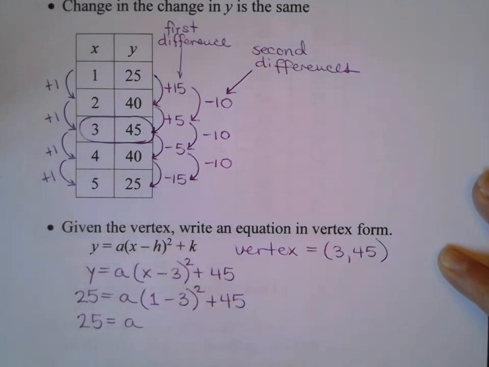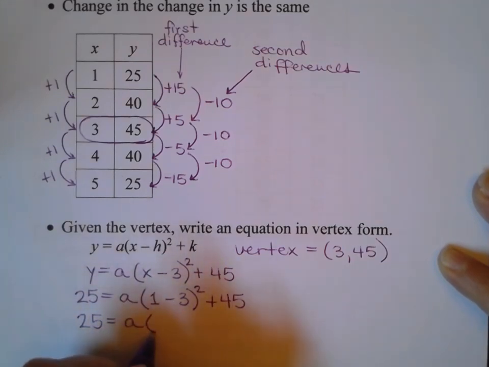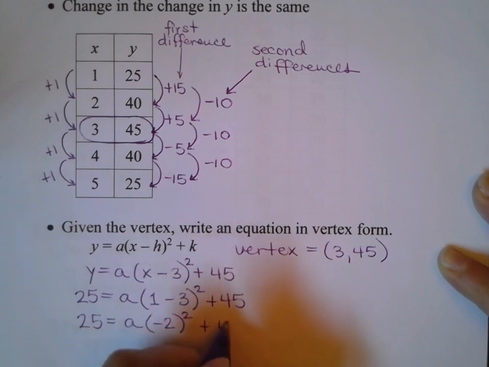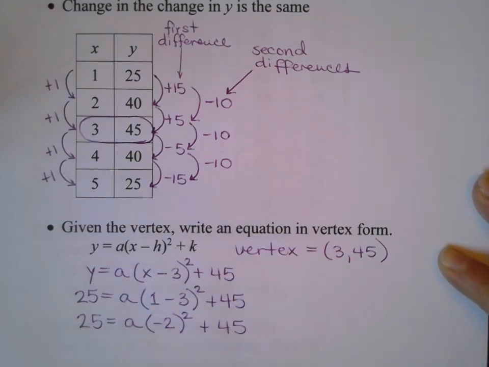And just like I warned last time, the same warning here, the order of operations is very important. So negative 2 squared is multiplied by A, so that becomes 4A plus 45.